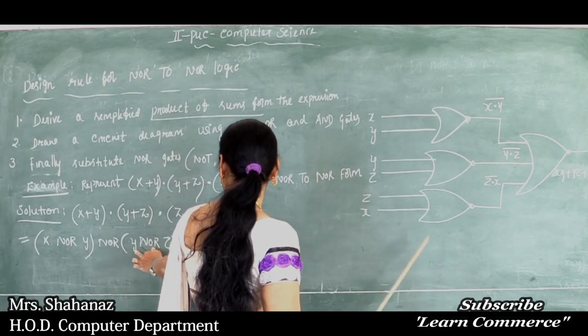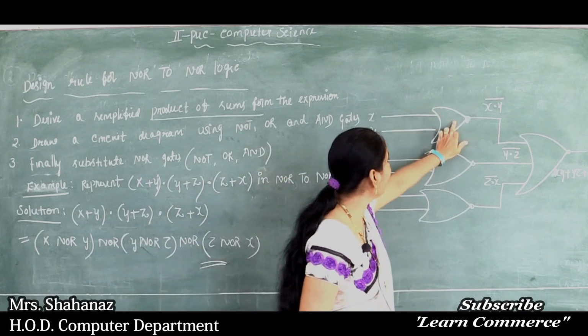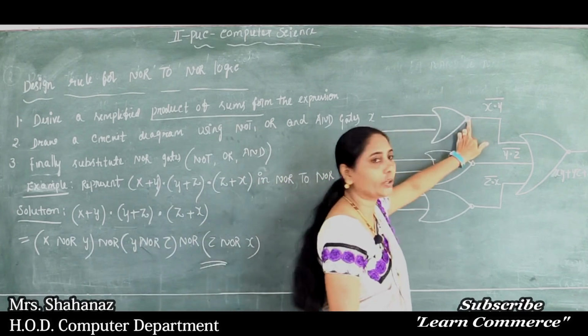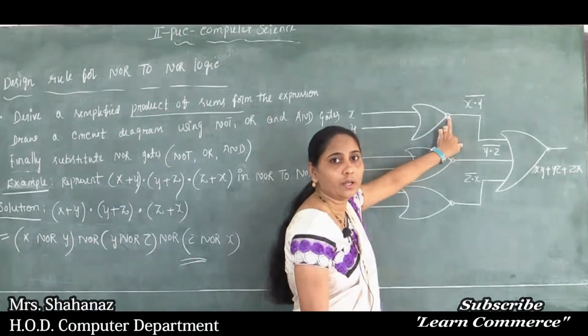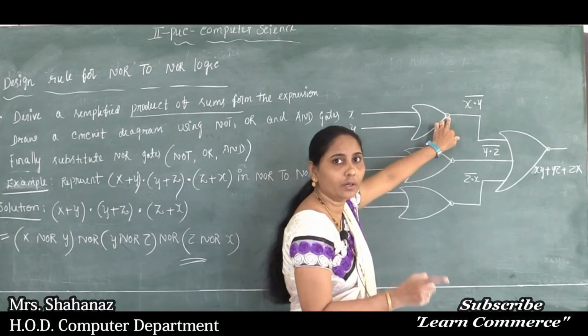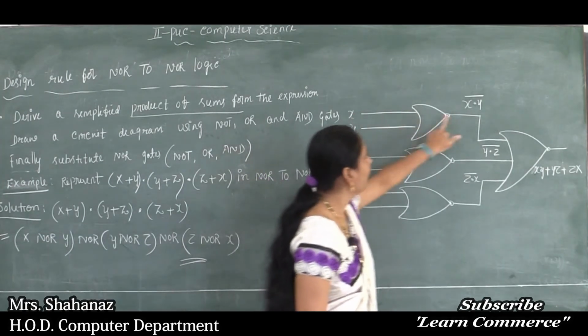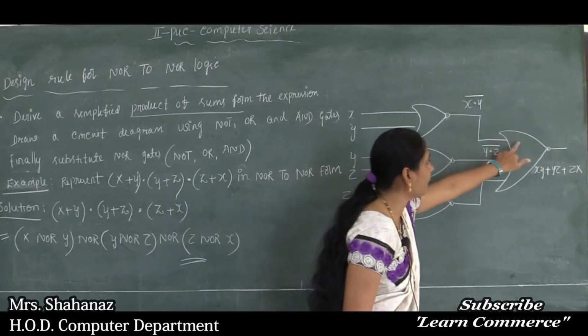The first one is x NOR y. So x OR y, NOT. Clear this point: we know the NOR full form is NOT OR. So x OR y NOT, and later this goes to connect to the NOR.